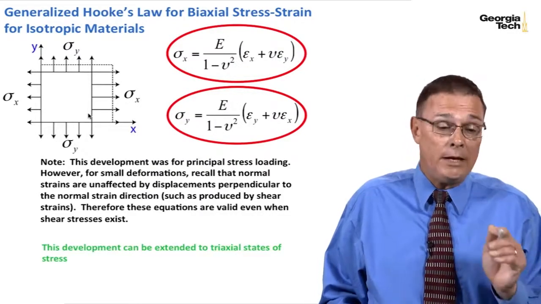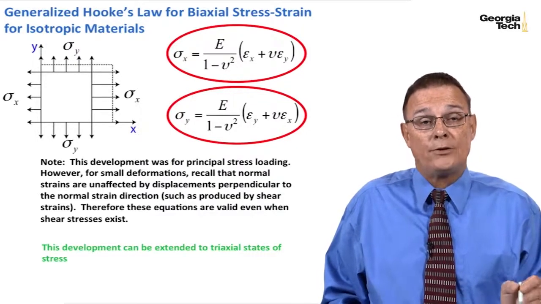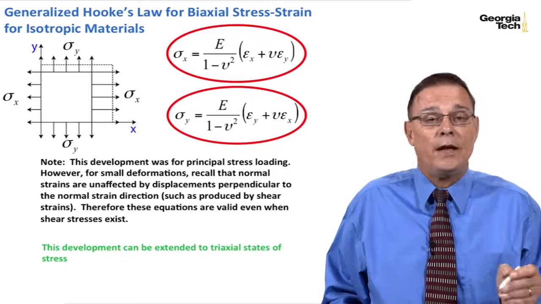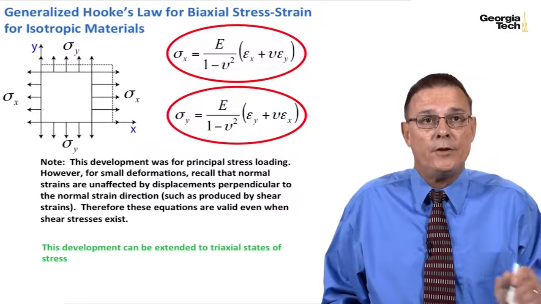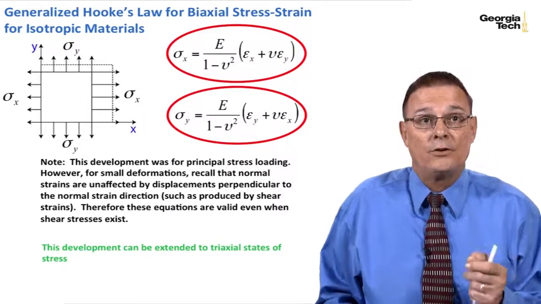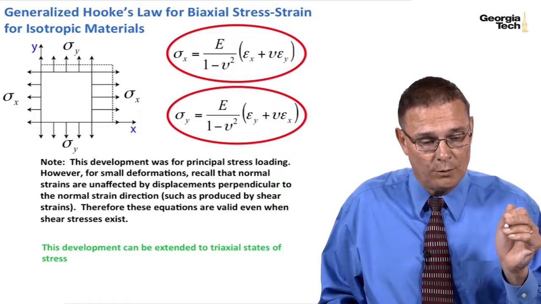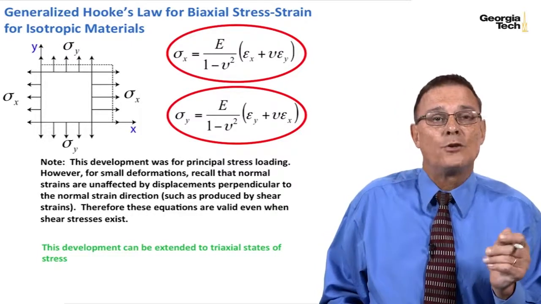And so you can even extend this type of approach for triaxial states of stress, and I'll let you look that up in mechanics of materials reference books, but we're going to limit ourselves in this course to just biaxial stress-strain relationships. And again, we're limiting this, however, for isotropic materials, but it's a generalized Hooke's law.